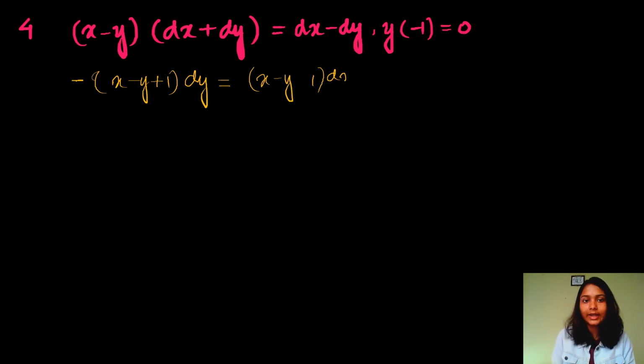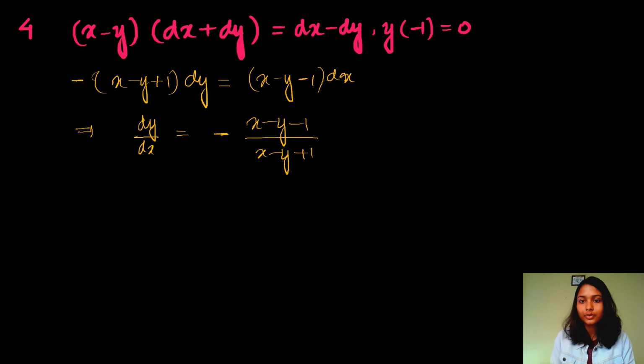So if we take dx common, there will be (x minus y minus 1) dx, and for dy we have minus (x minus y plus 1). So dy by dx becomes (x minus y minus 1) by (x minus y plus 1).